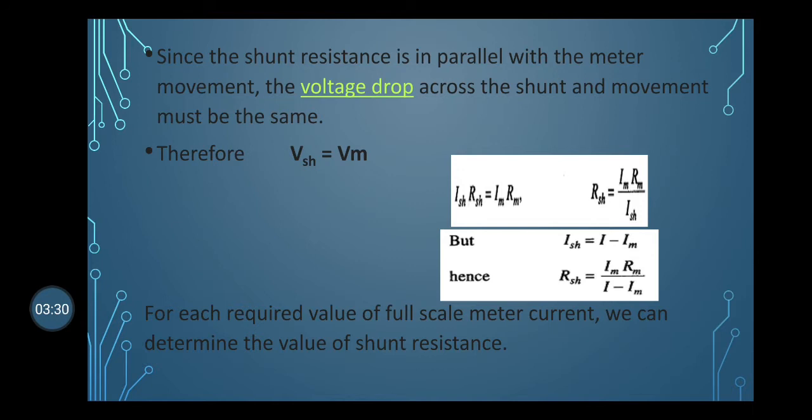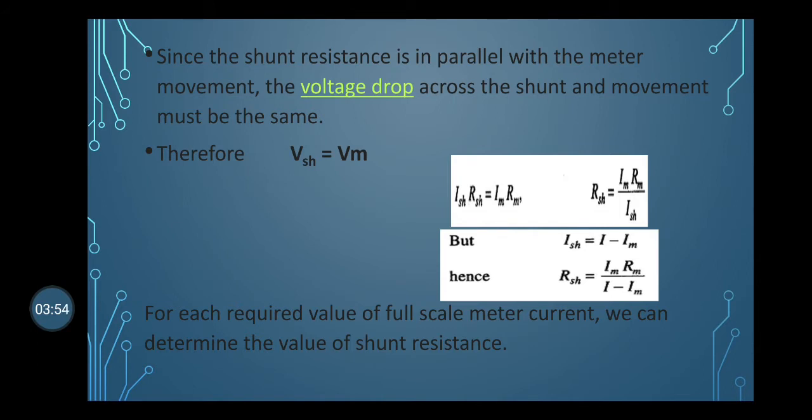That means VSH is the voltage drop across the shunt and VM is the voltage drop across the meter. As ISH plus IM is equal to capital I, the main current flowing through the source, then ISH will be equal to capital I, the main current, minus the meter current.